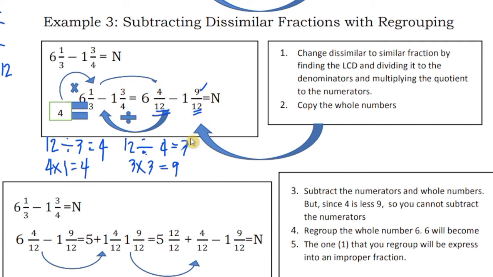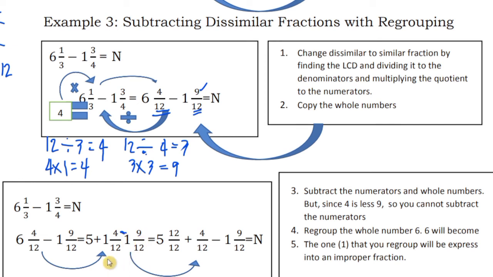From the given, there is a minus sign here. So we just break the 6 here as our whole number. There is a minus sign here, so this must be 5, plus 1 and 4 over 12 subtracted from 1 and 9 over 12.